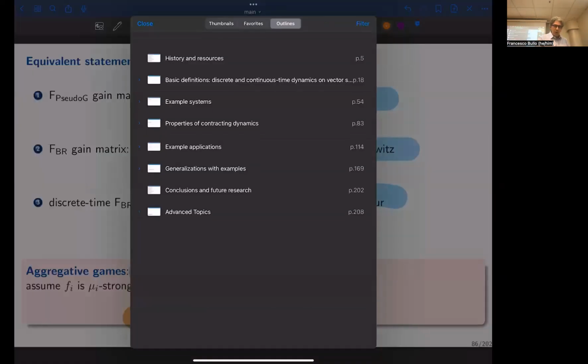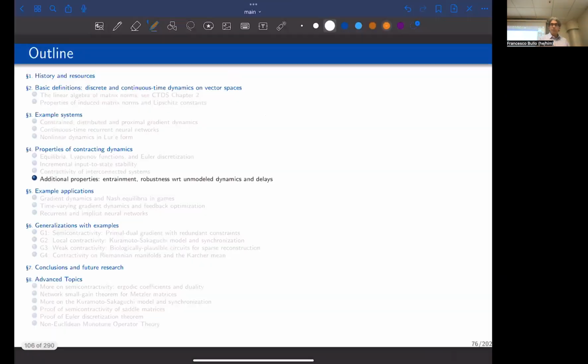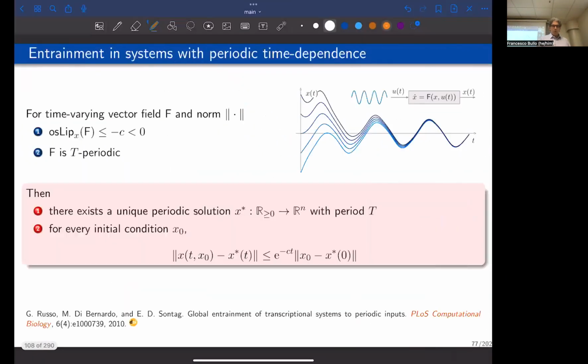And the properties are these additional properties that I didn't cover yet. Property number one is entrainment. So entrainment is very important. We live on a 24-hour cycle and our own biological clocks are entrained to sunlight.